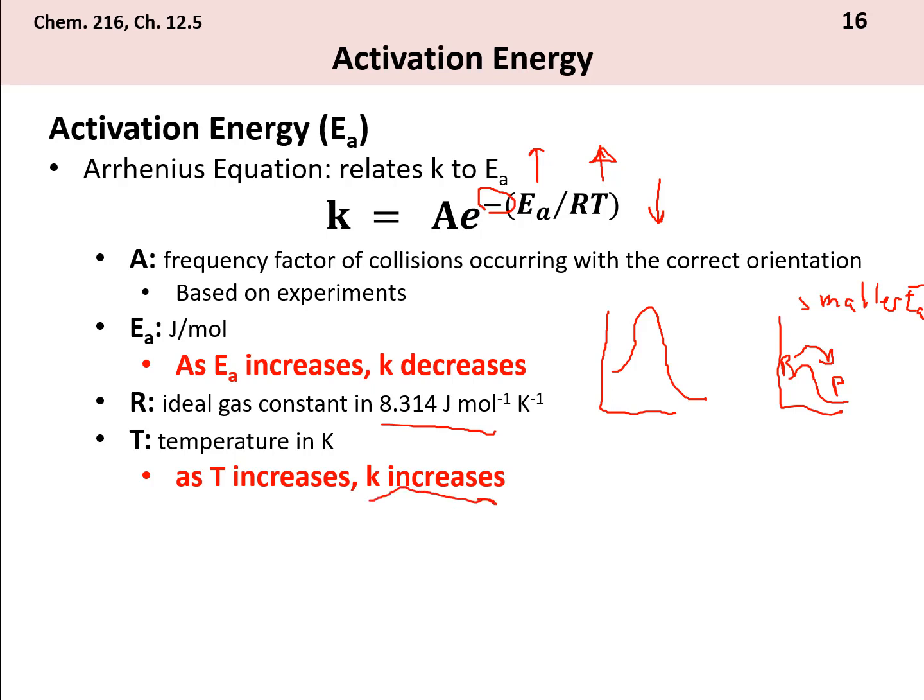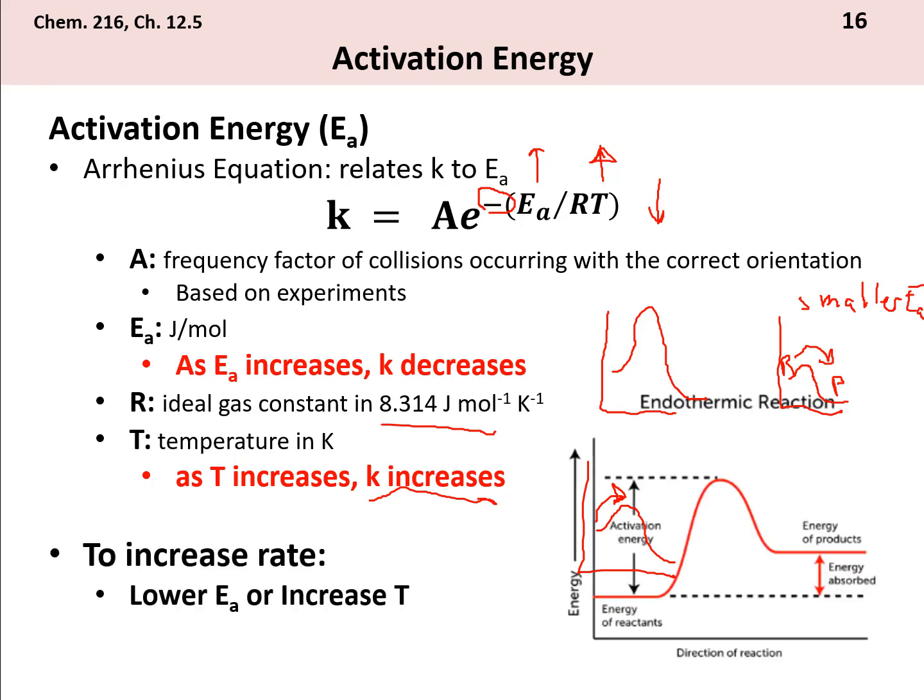And this makes sense because as temperature increases, there's more energy to get over that hill, right? Because remember, the energy is what does that. Okay, so if I want to increase the rate of a reaction, what can I do? I can either lower the energy of activation or I can increase the temperature.